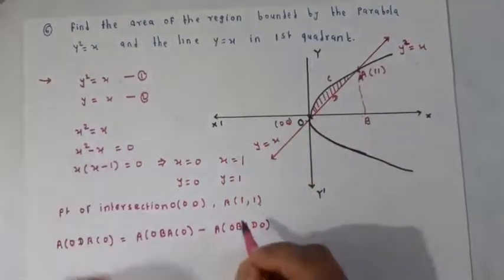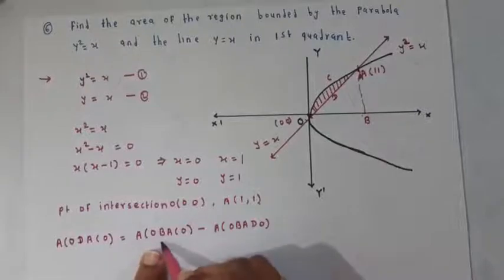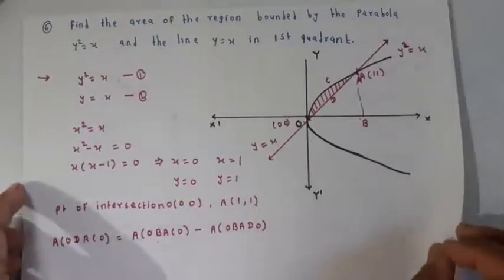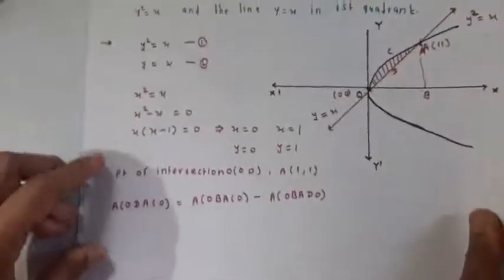This is the triangular area and this is the area due to the parabola. So this is the area due to the parabola.